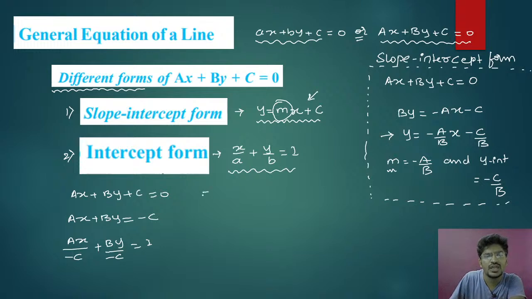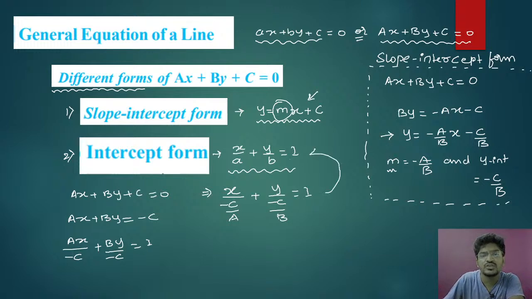So further we can write it as x divided by minus c by a plus y divided by minus c by b equal to 1. Now compare this equation with x by a plus y by b equal to 1. That will be small a equal to minus c by a, small b equal to minus c by b.